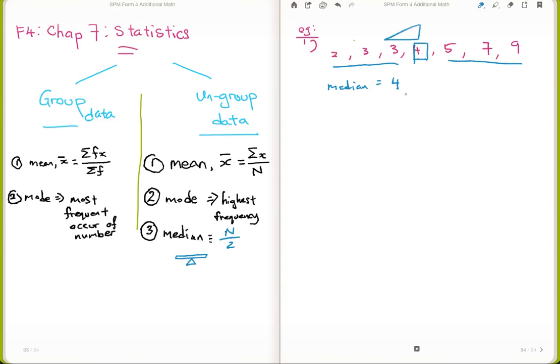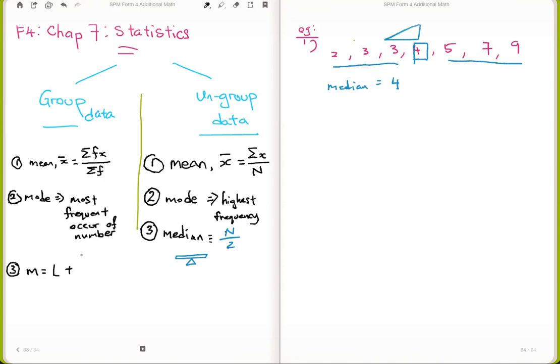Median. Now, however, for group data, we have an equation that normally you'll be asked in paper 2, whereas ungroup data will be in paper 1. For group data, the equation is normally given in the data sheets, in your equation sheets. Okay, median M is actually equals to the lower boundary L. I will talk more about lower boundary and boundary in the later part of my video.